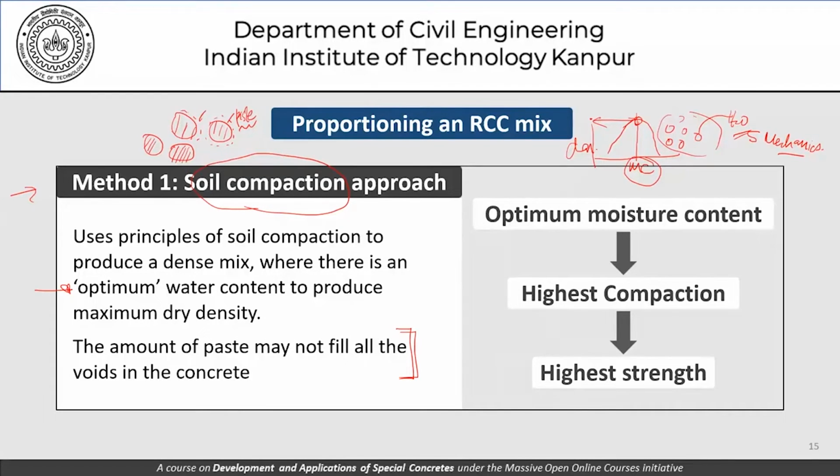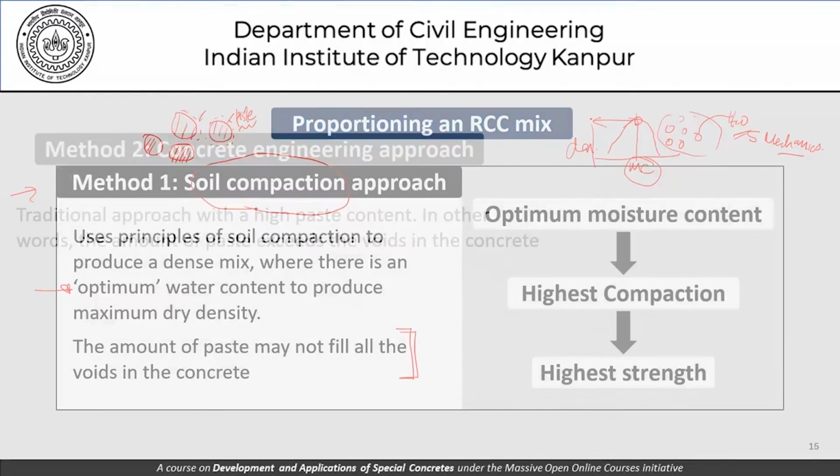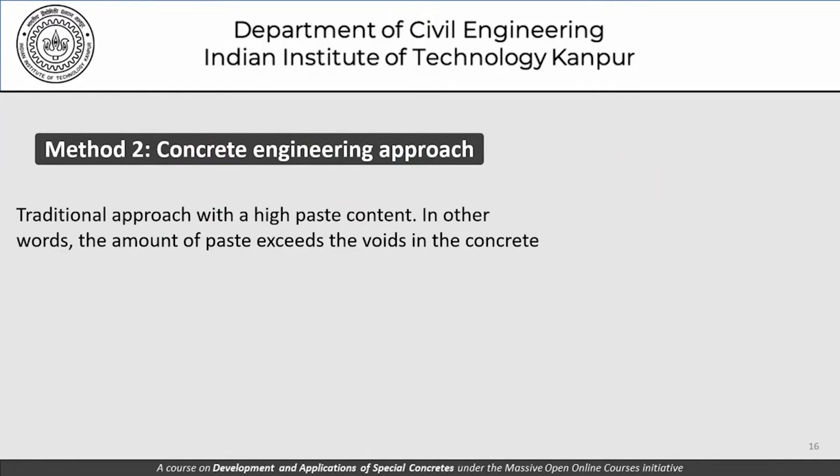Compared to that, we have the concrete engineering approach as far as mix design is concerned, where we talk of a reasonably high paste content. In other words, the volume of paste exceeds the volume of voids in concrete, and the voids in the concrete refer to the voids in the aggregate.